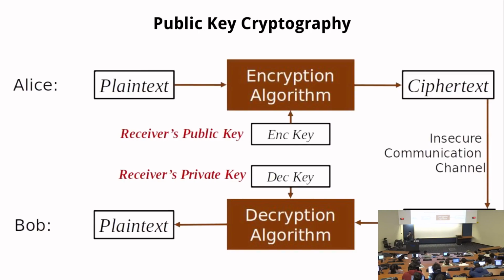So here is a slide to visualize this. Alice has a plaintext, and Alice wants to send this message securely to Bob. They don't have a secure communication channel. They want to use crypto to build a secure communication channel. Then Alice will use Bob's public key here to encrypt the message.